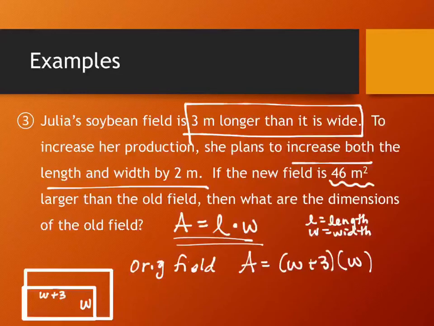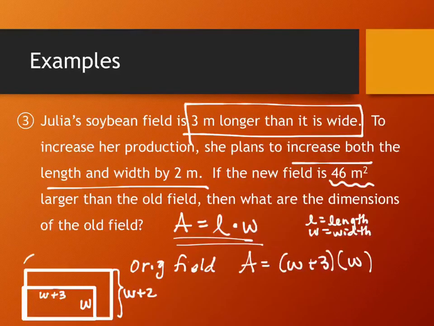But Julia is actually wanting to make her field bigger, right? So if she's going to make it bigger, it says she's making it bigger by 2 meters in each direction. So the new width over here is not just W, what is it? W plus 2.